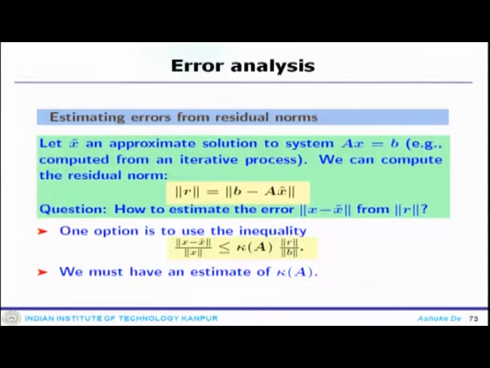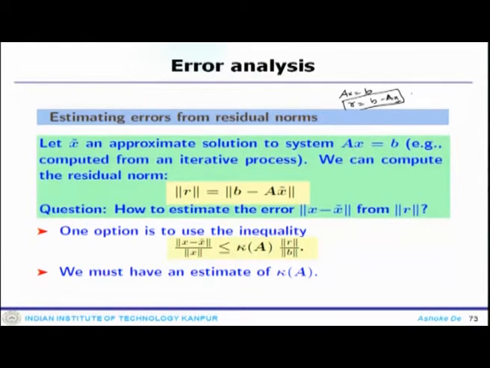Now, it comes down to the stage where you get the errors from the residual norms. Residual means, when you are solving A x equals b, the residual vector would be b minus A x. This information is quite handy when you are dealing with different kinds of iterative solvers, where you need to check the convergence level and see the error slowly reducing, so that you get close to the exact solution. And how do you estimate that error from the residual norm?